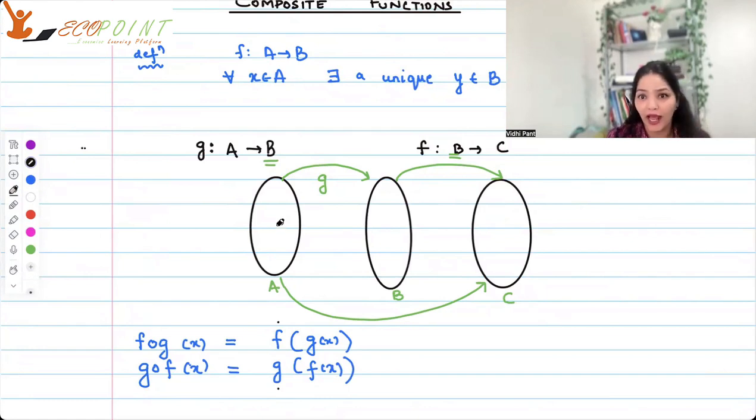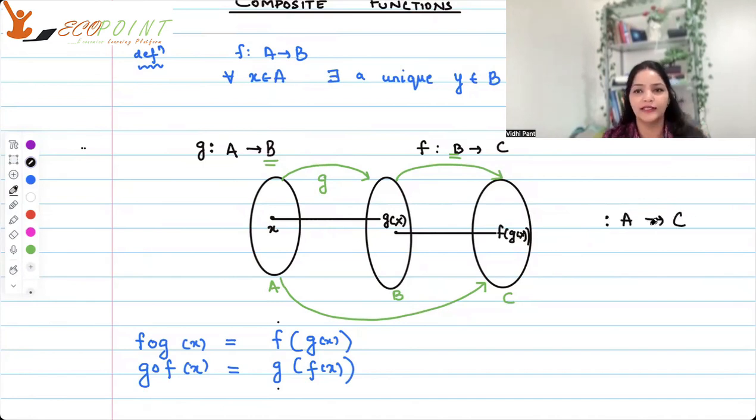Now let's see the scenario that I have provided to you. Here, if I take an x in A and apply g on it, I'm going to get g(x). Now this g(x) is in B, and hence I can apply f on it, and hence I will get f of g(x). So what is the composition that you see from here? You see that from A to C, the composition that is getting constructed is f(g(x)).